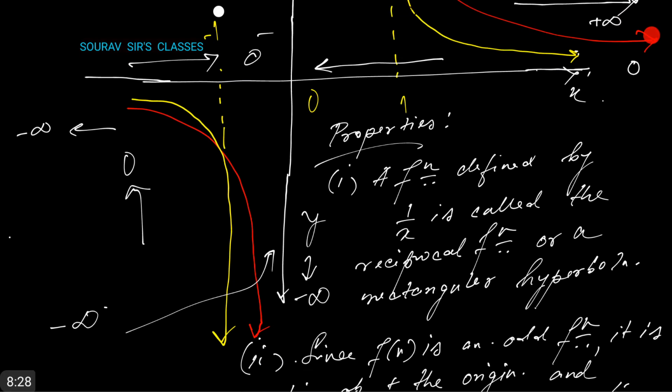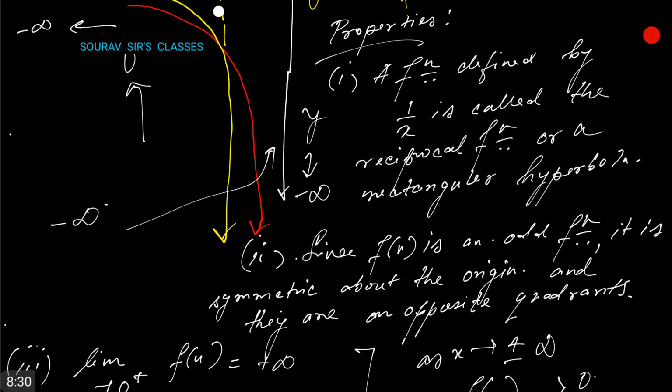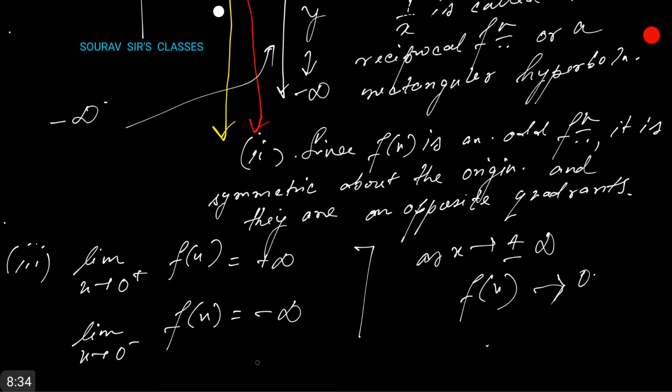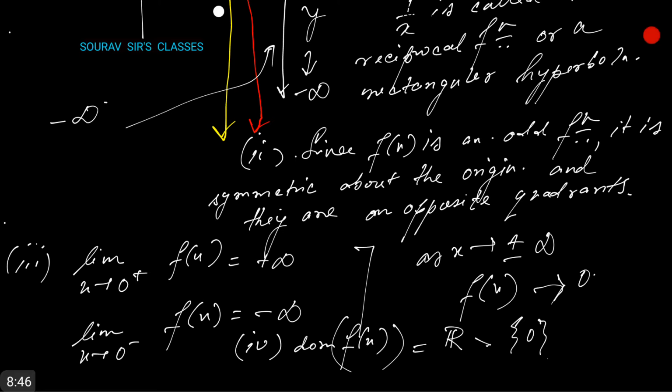Now let's write the domain and the range of f(x). Domain of f(x) equals real numbers minus 0, since it is undefined for 0, since anything divided by 0 is undefined.